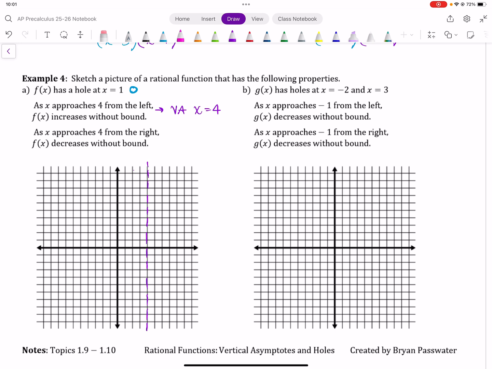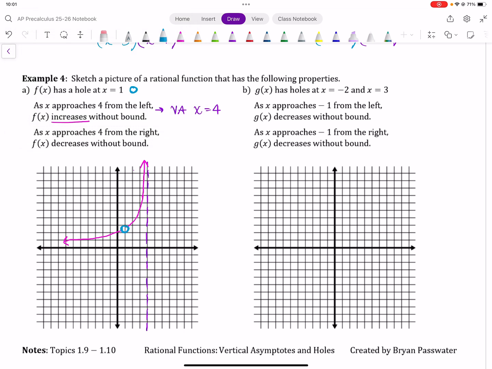And then it says as we approach it from the left side, we increase, meaning we're going to be going up. So if we finish sketching the other side, remember it's eventually going to level out. And then at 1, we need to throw our hole in there.